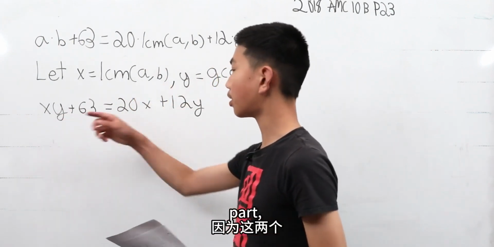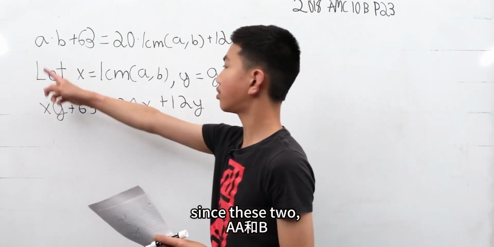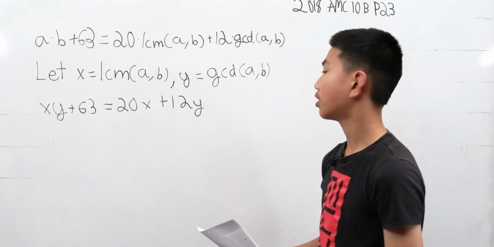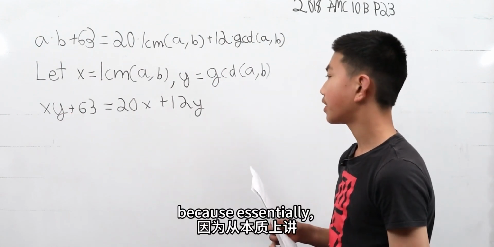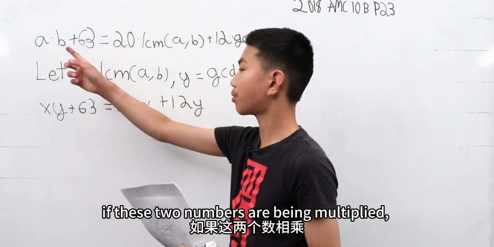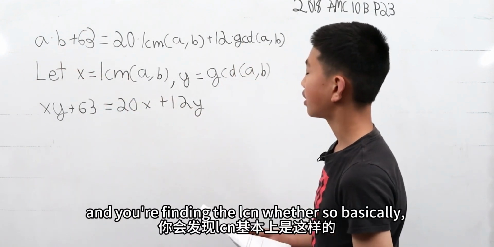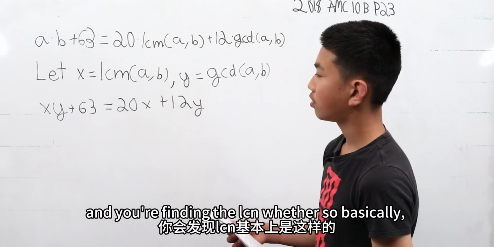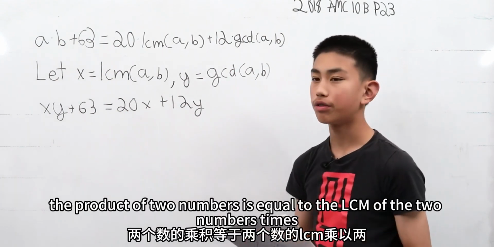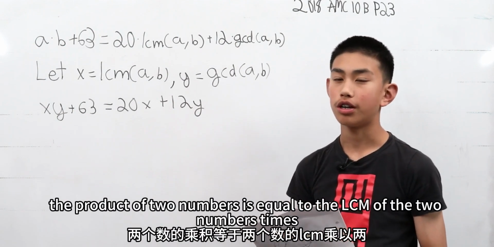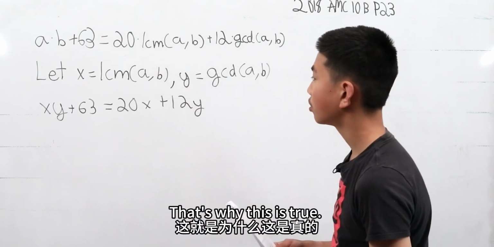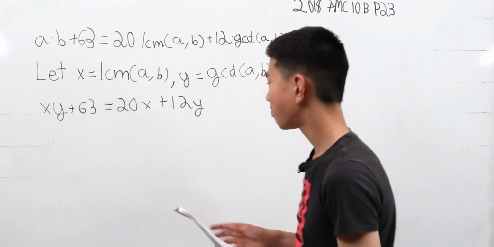And now the xy part, since A times B and x times y are equal, because the product of two numbers is equal to the LCM of the two numbers times the GCD of the two numbers. So that's why this is true.